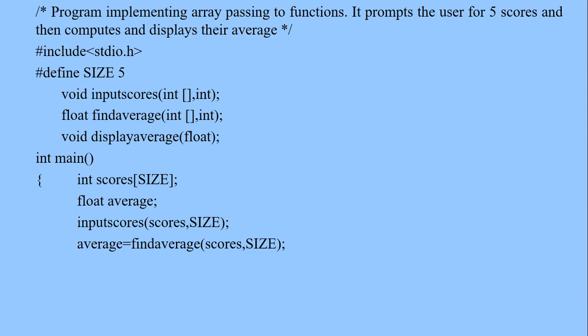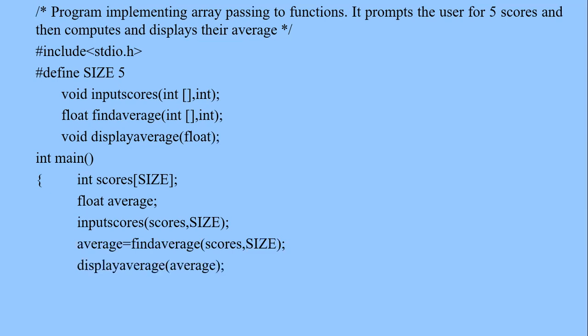One parameter is an array of type int, that is array called scores, and the content of memory location called size. When these parameters are passed to the function called find average, that function is going to return a value, and that value will be of type float. That value will be assigned to memory location called average.